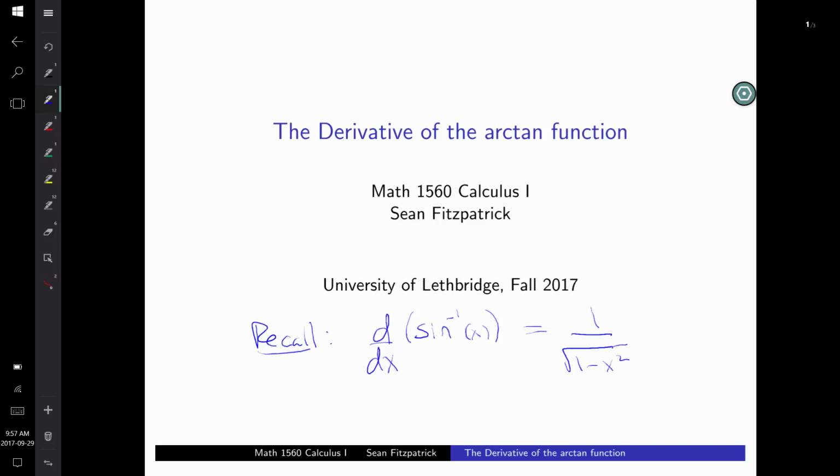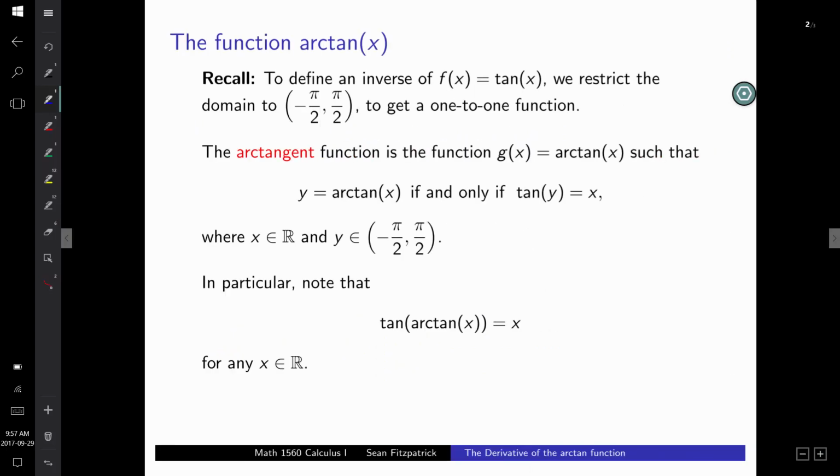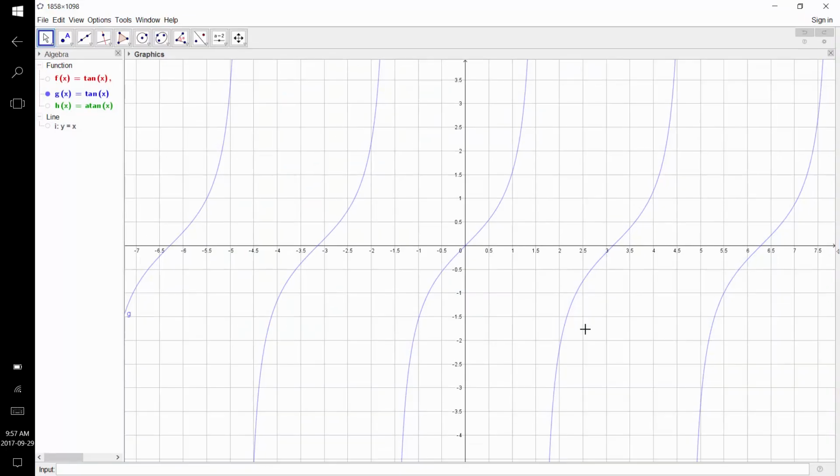But there it is. And now we're going to look at the inverse tangent function, and we're going to see that a similar story arises there. Okay, so just like with sine, in order to define an inverse for the tan function, we have to first restrict the domain because the tan function is not one-to-one. Here's what the graph looks like. It keeps repeating over and over again.